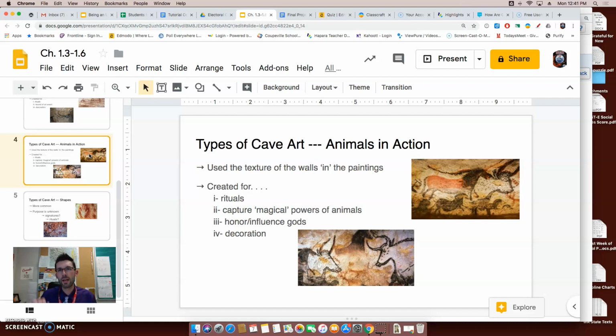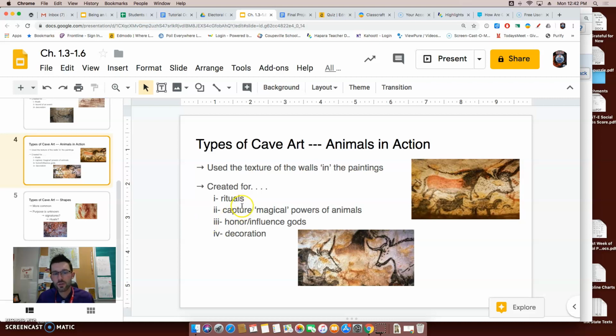How many of you have ever felt your hand against the side of a rocky surface? It's not smooth, is it? There's bumps and divots. There's one particular piece of cave art where you have a divot right here, like my arm, but they have the animals on top of that. Pretty cool.